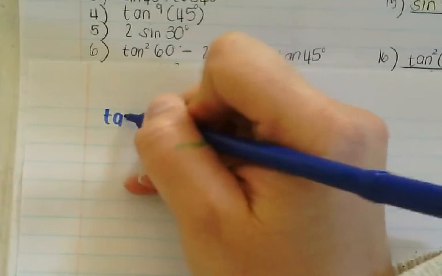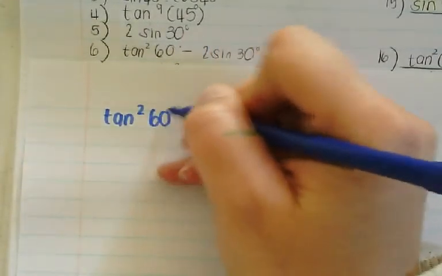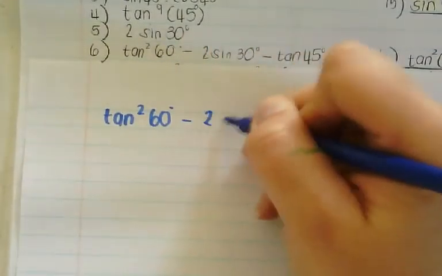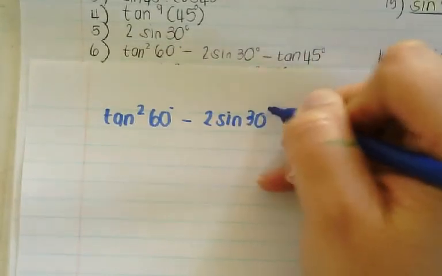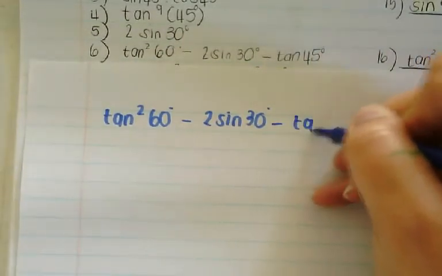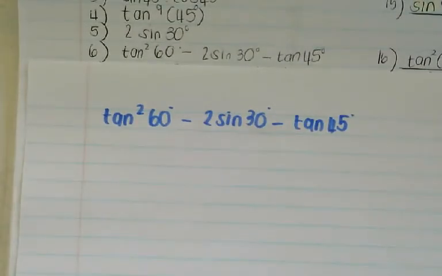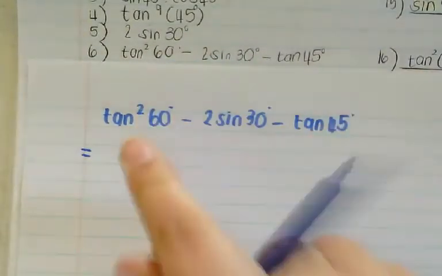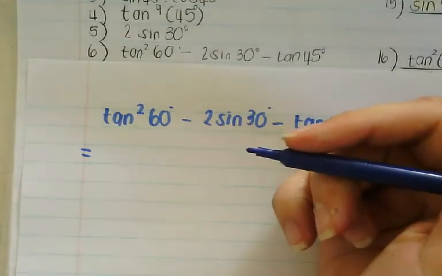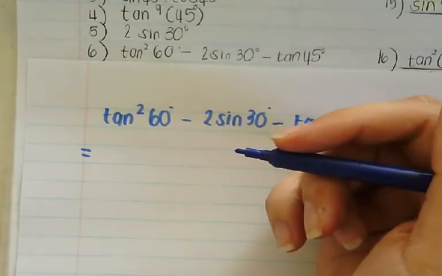Okay, so I'm going to do this number 6 here. Tan squared 60 degrees, special angle. 2 sine 30 degrees, special angle. Tan 45 degrees, special angle. That's how I want you to train your brain. Okay, it's tan 60. For now, we're still going to have to look it up.